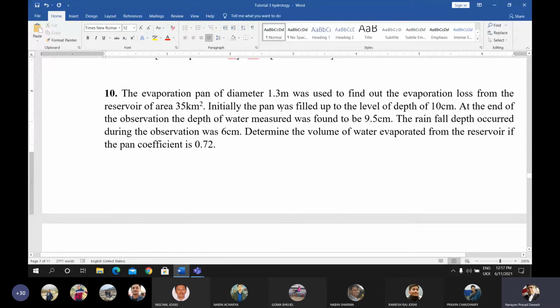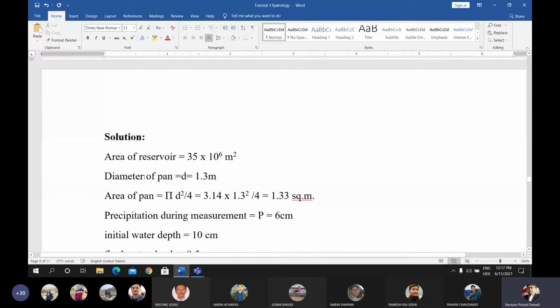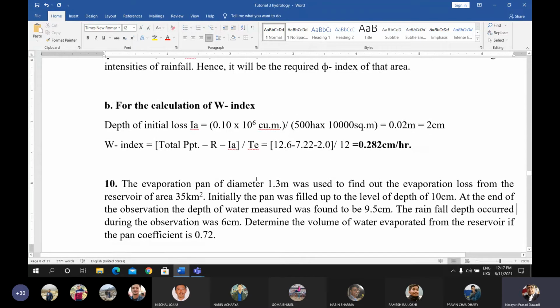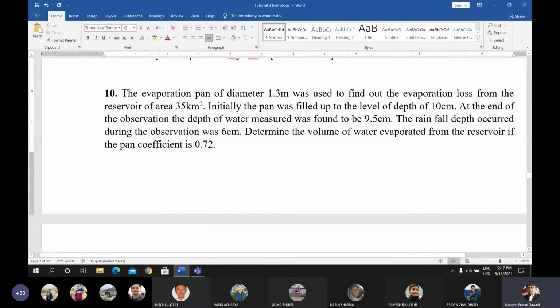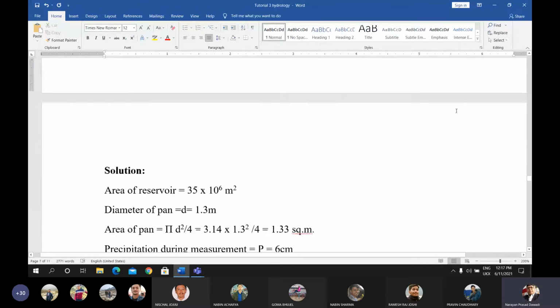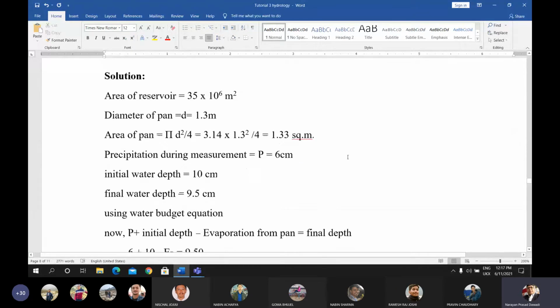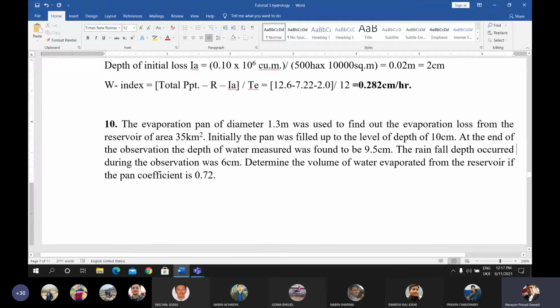Now, the diameter of the pan is given as 1.3 meter in the question. Initially the pan was filled up to a depth of 10 centimeter. At the end, its depth will be 9.5 centimeter.